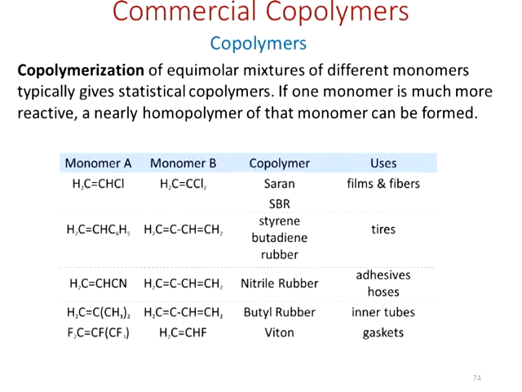Copolymerization of equal molar mixtures of different monomers typically gives statistical copolymers. So you get basically 1-to-1. It's the real bottom line. So you add 1 unit of A, 1 unit of B, you're going to get a polymer with 1 unit of A, 1 unit of B. If one monomer, however, is much more reactive, okay, a nearly homopolymer of that monomer can be formed.